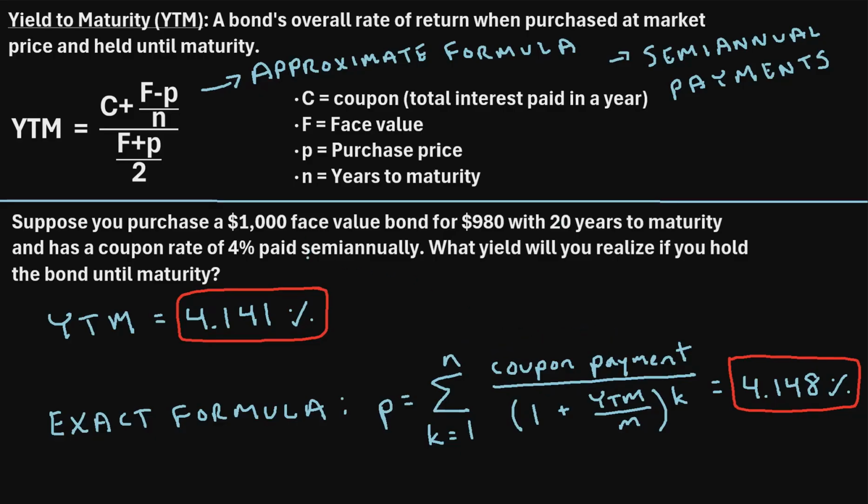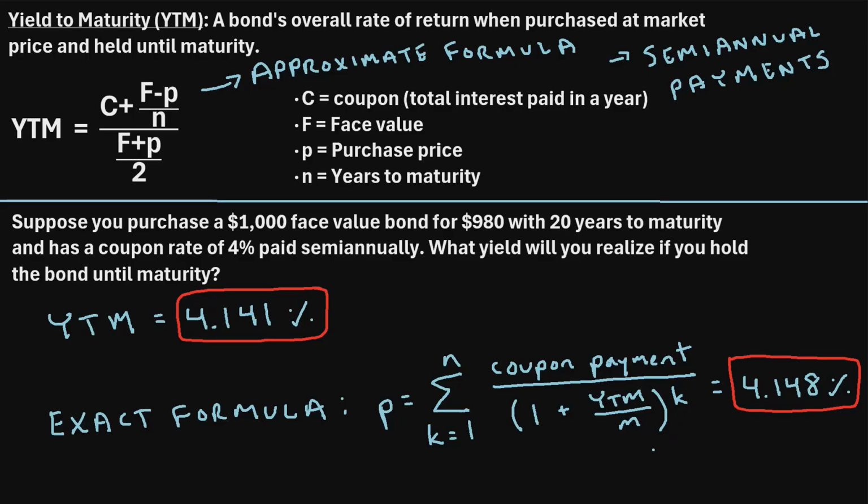So again, we said we're getting $40 annually for this bond, and it's getting paid semi-annually. So every 6 months we're getting $20. So the coupon payment would be $20 divided by 1 plus the yield to maturity, which we don't know, that's what we would be solving for, divided by M, which is the number of payments made annually, which in this case would be 2, raised to the power of K, where again, K is the period.